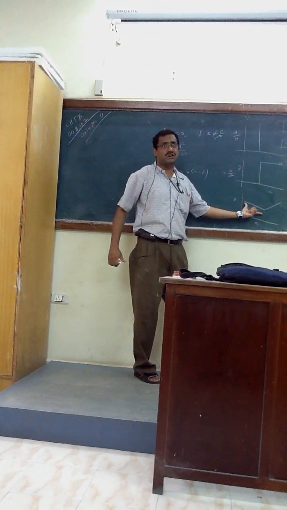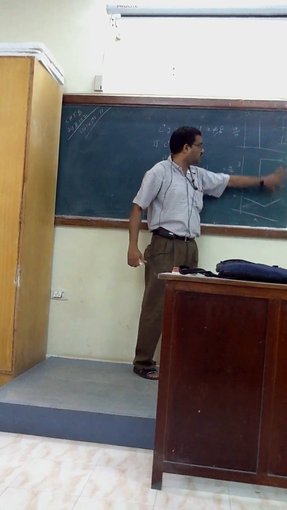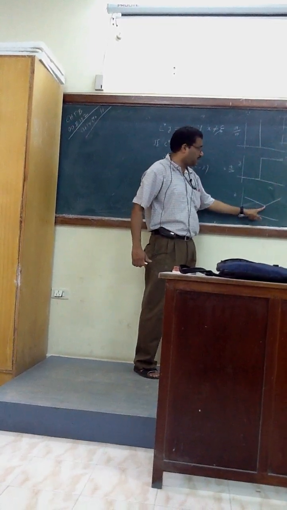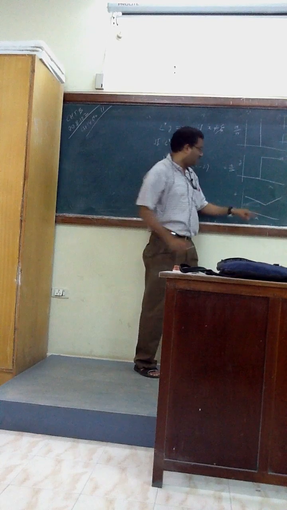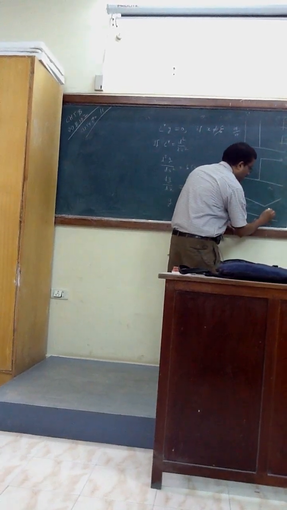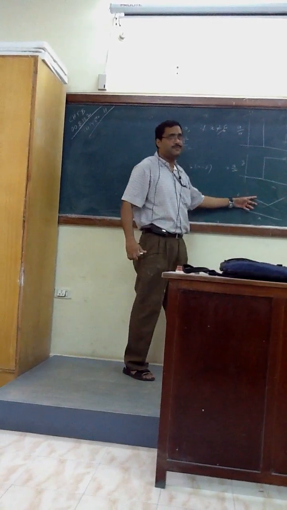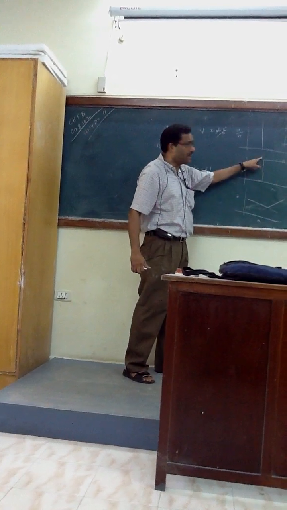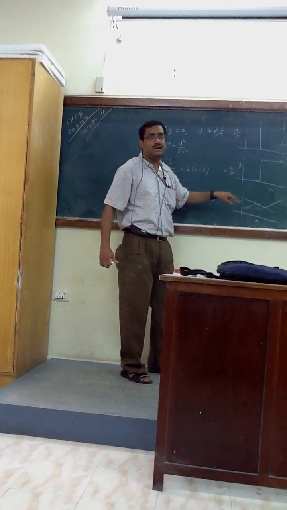Here derivative is constant, right? Straight line. Here also constant. Here what happened with derivative? This is the left hand derivative, this is the right hand derivative. We have done it. So left hand derivative, right hand derivative, and this is discontinuity.